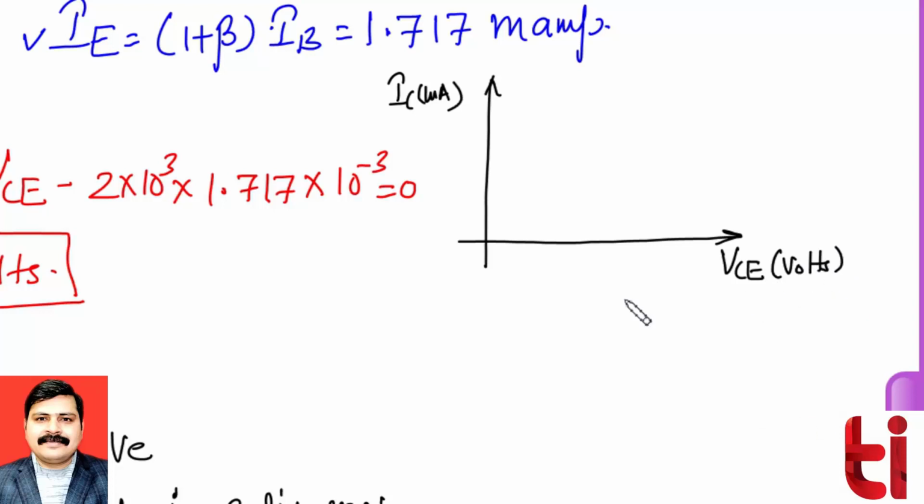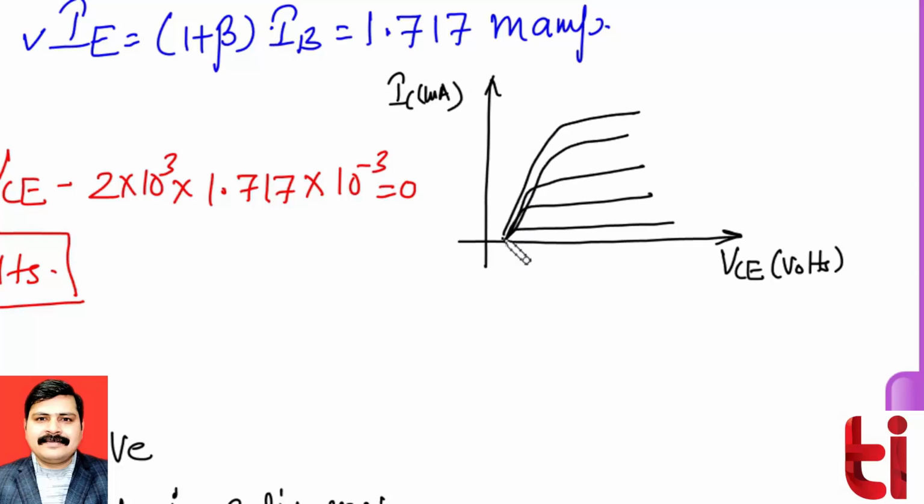Now I am drawing the output characteristics of NPN transistor. So you can see that on different values of input base current, this was my curve. And in fact, this particular threshold voltage is my VCE set.